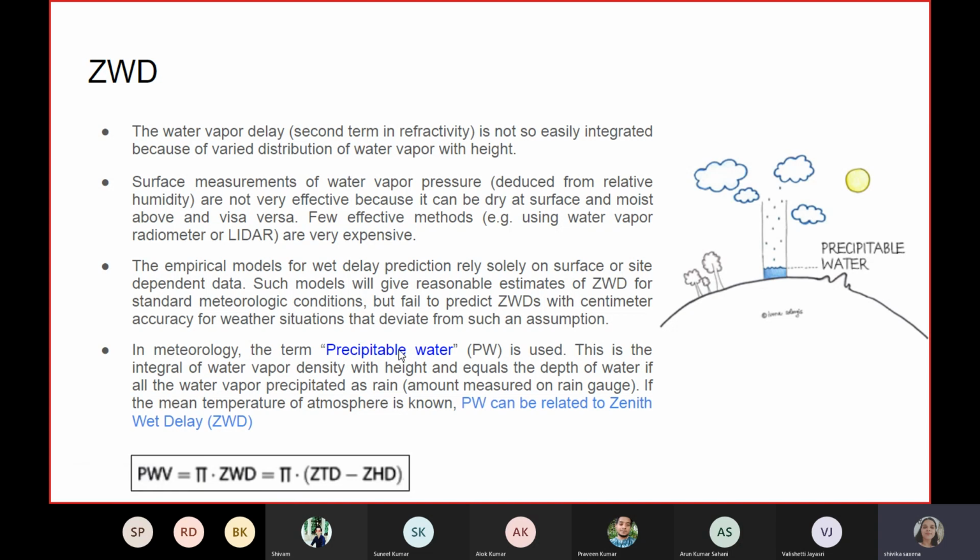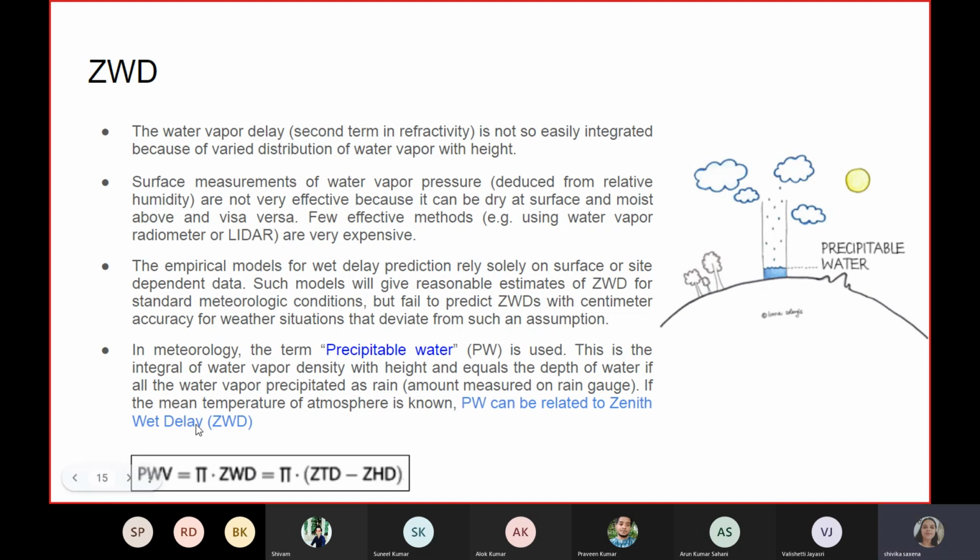So what is precipitable water vapor? You can see in this figure, if we imagine a unit area column on the surface of the earth, that column is to be filled with whatever water vapor is prevailing in the atmosphere at that place. If that water precipitates and fills up this column, that will represent the precipitable water vapor.